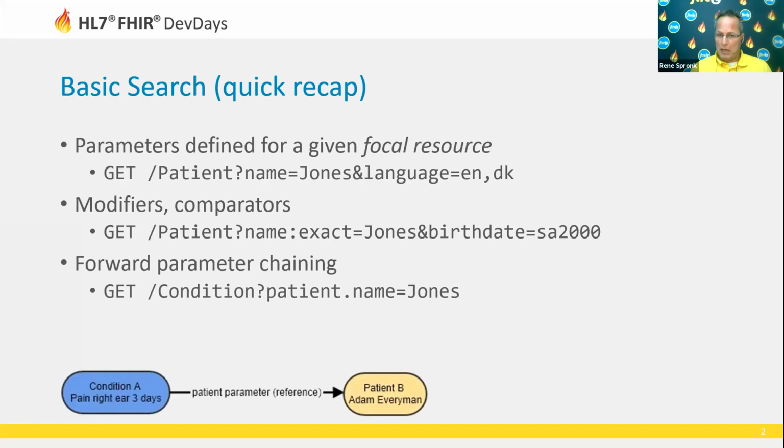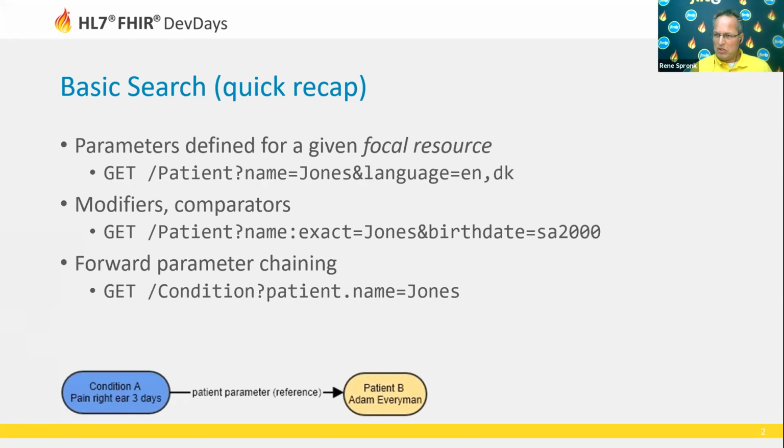Then we have forward parameter chaining, an option that most people still find relatively intuitive, whereby we're searching for one thing, but using a value, a parameter or a data element on another resource, as a condition. In this case, give me all conditions for patients that have the name Jones.